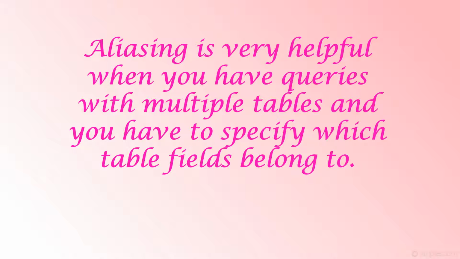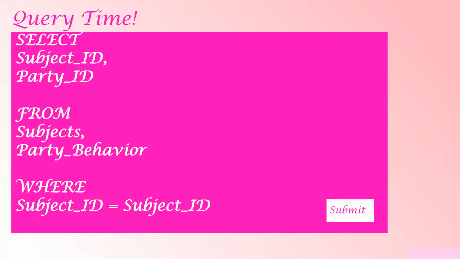Another area that aliasing can be helpful is when you have queries where you are selecting from multiple tables and you have to specify what table you are selecting from. We'll talk about using multiple tables in later lessons, but let's take a quick look at how this will help you down the line. So let's say you are pulling information from the subjects table and the party behavior table.